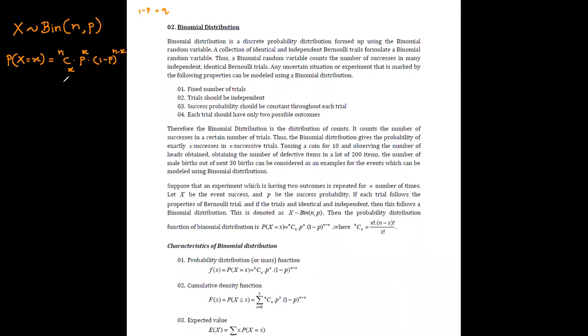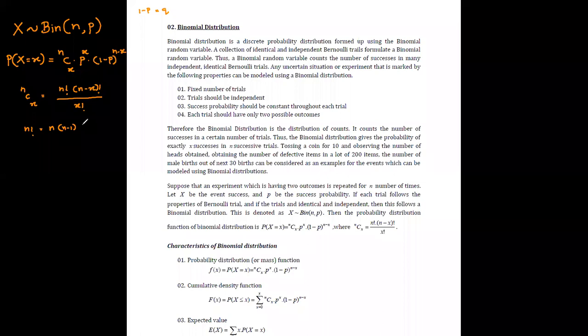And the notation nCx stands for n factorial divided by x factorial times n minus x factorial, where n factorial is the multiplication from 1 to n.